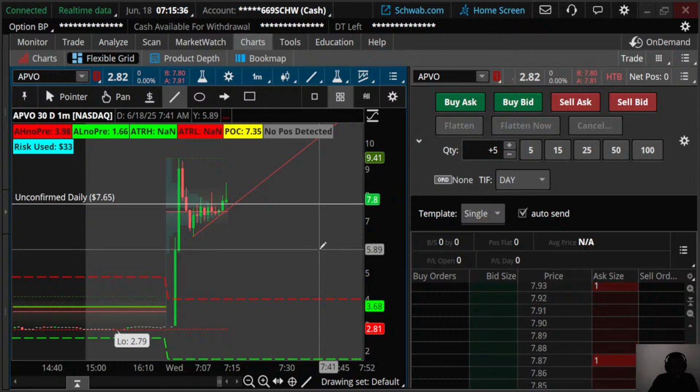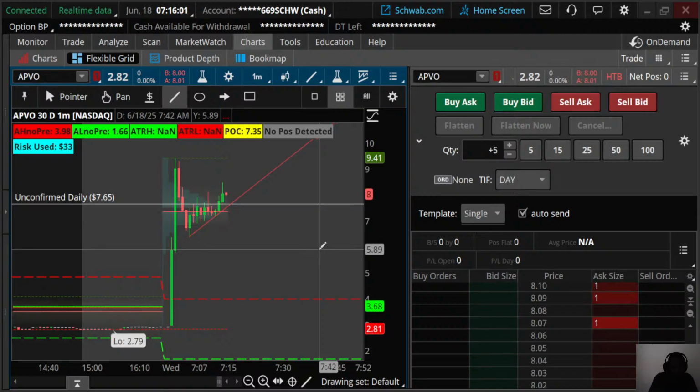Might invalidate really quickly here too. Hmm. 6 million shares traded. The other things on the board have over 10 million, so they're still quite a ways away from it.